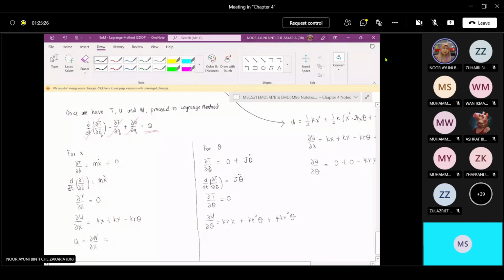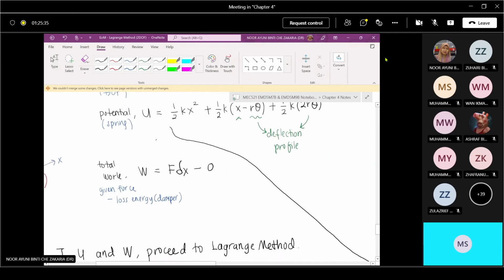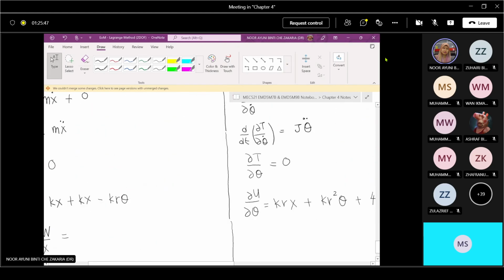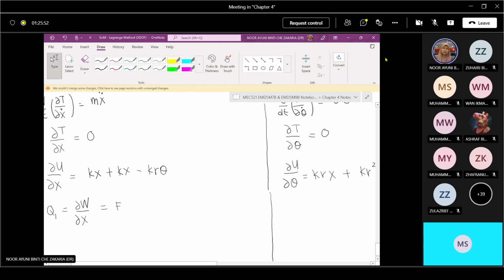So you will see our total work is F delta X. So we have to differentiate against X. That means we are going to have F. For Q2, partial derivative of total work against angular displacement, then you will have 0.